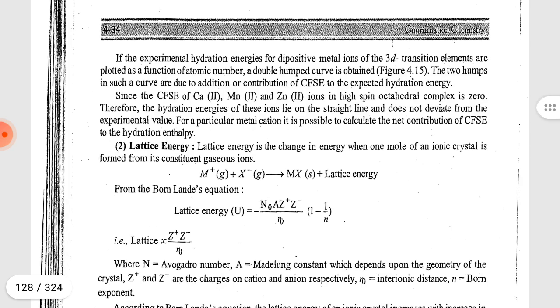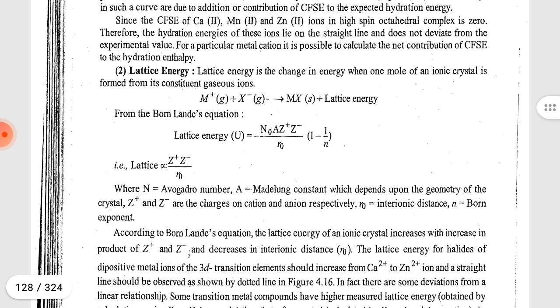If the experimental hydration energies for dipositive metal ions of 3d transition elements are plotted as a function of atomic number, a double-humped curve is obtained, figure 4.15. The two humps in the curve are due to the contribution of CFSE to the expected hydration energy.